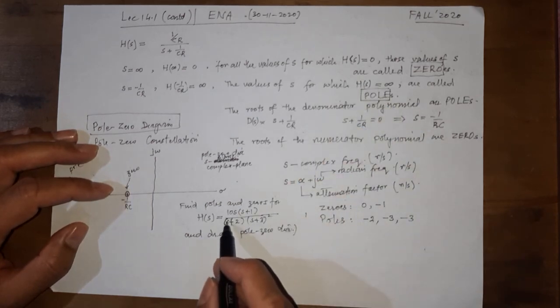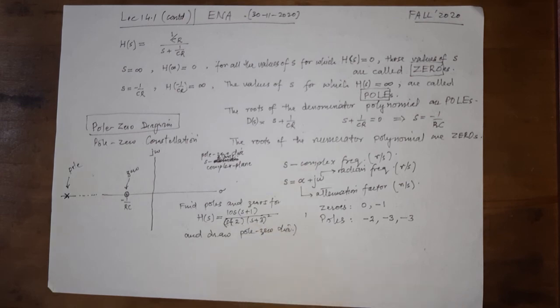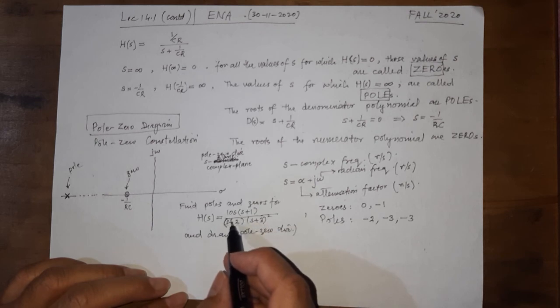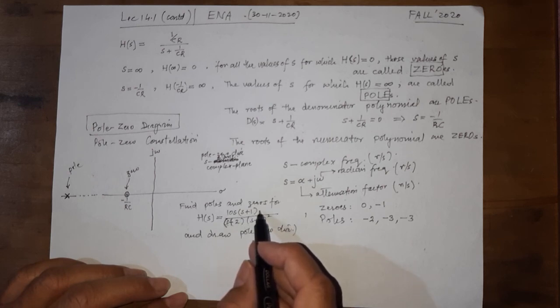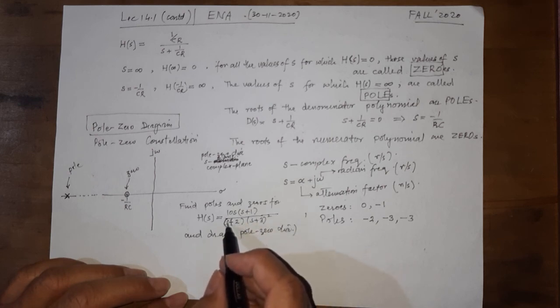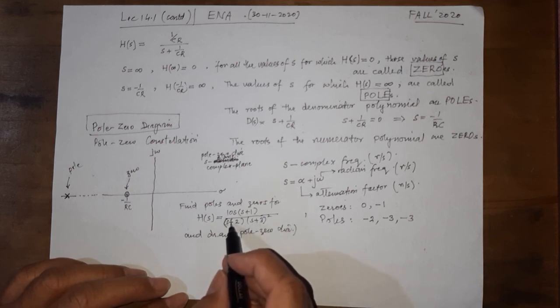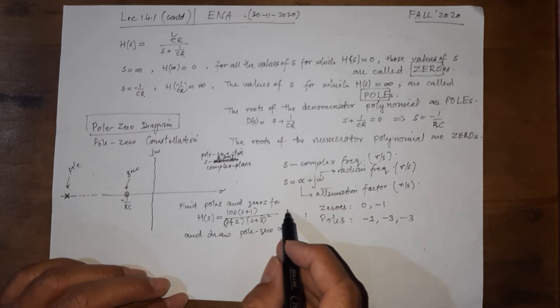If s becomes infinity, we must first try to understand what we are going to get when s becomes very large. For a very large value, s plus 1 would be as good as s, and s plus 2 would be as good as s, and s plus 3 would be as good as s. So we are going to get this whole expression like 10s square over s cube, which is 10 over s.